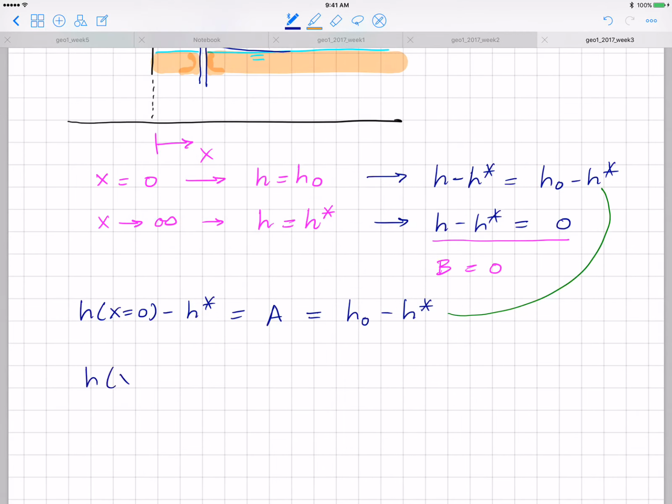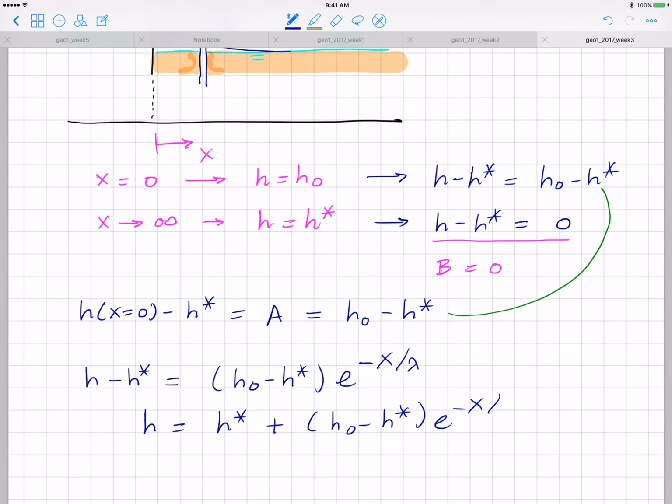The head as a function of x, H minus H star is equal to capital A, H0 minus H star, times e to the power minus x over lambda. Or if you wish, H is equal to H star plus H0 minus H star times e to the power minus x over lambda.